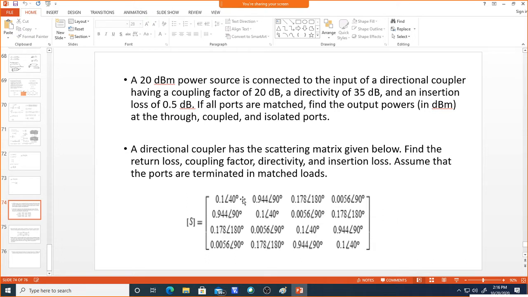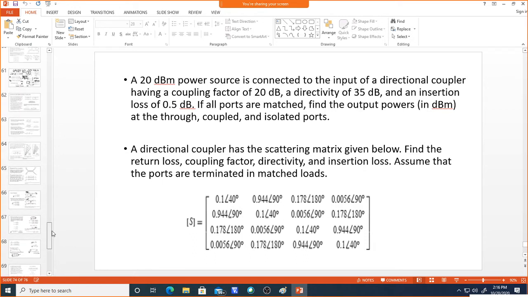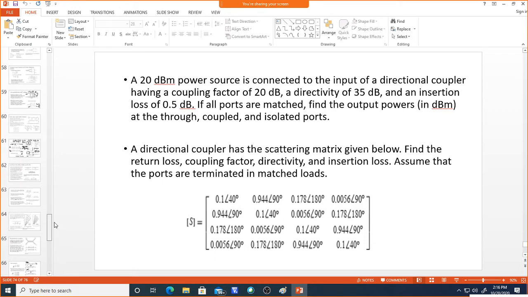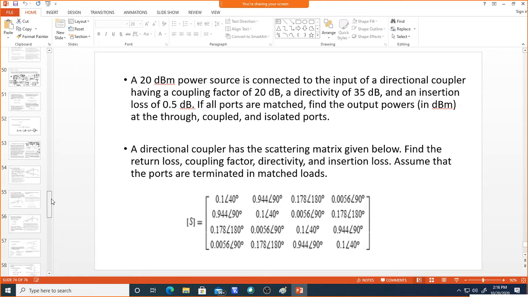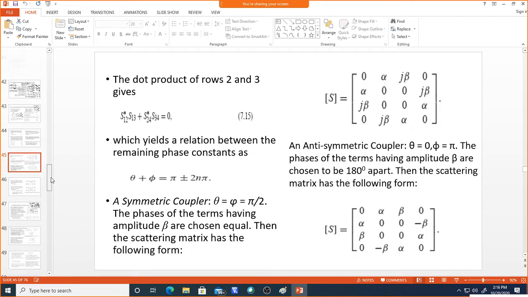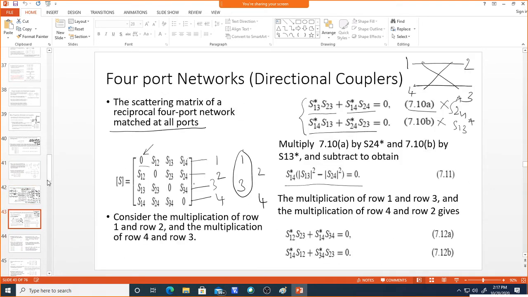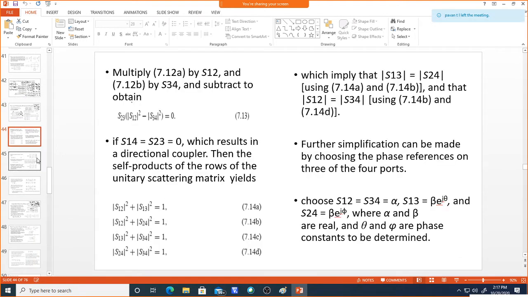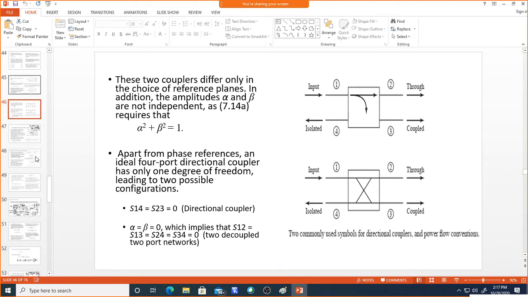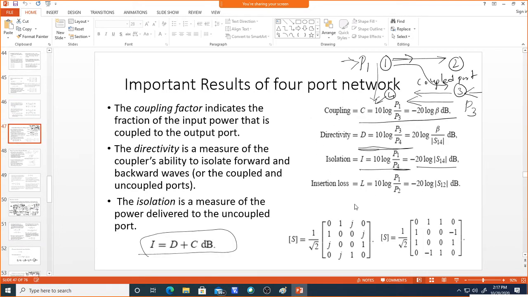Now, what is the actual formula for return loss? If you go back to the directional coupler equations, you can see that by using these equations you can easily find the coupling factor, directivity and insertion loss which are asked.